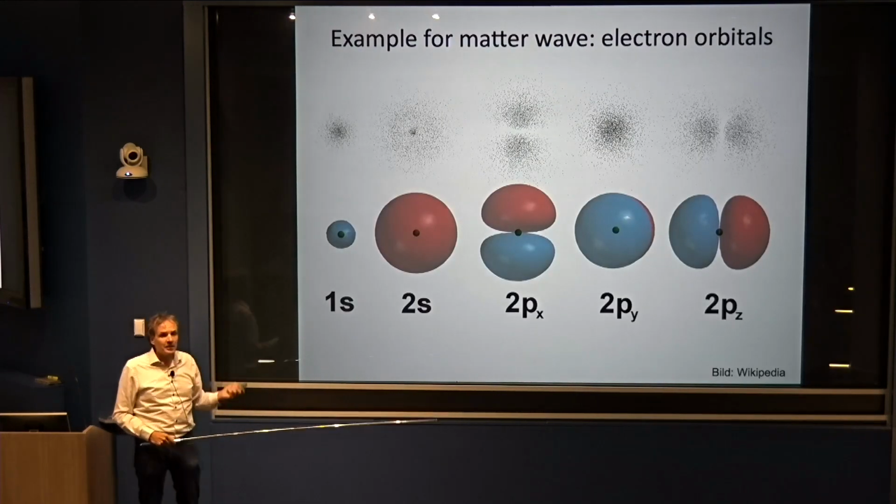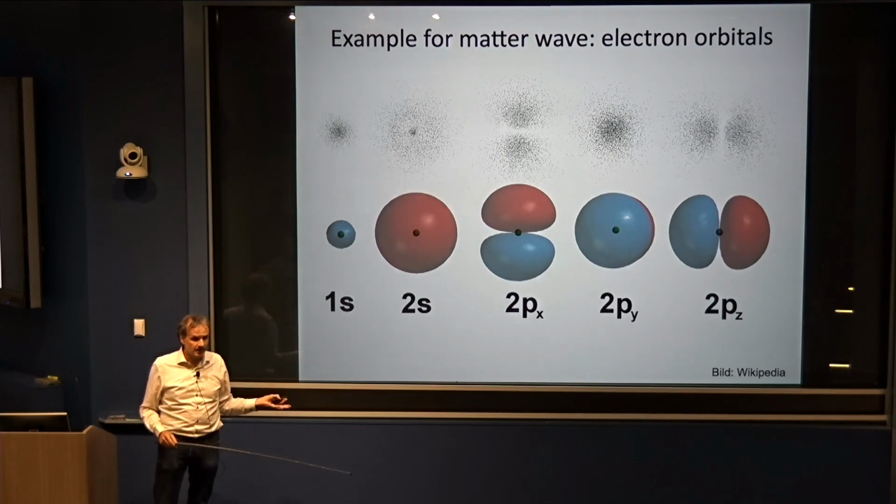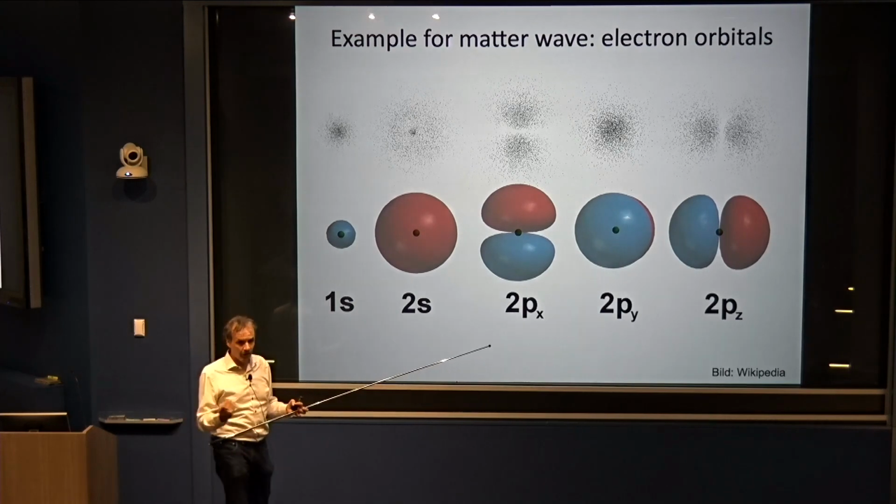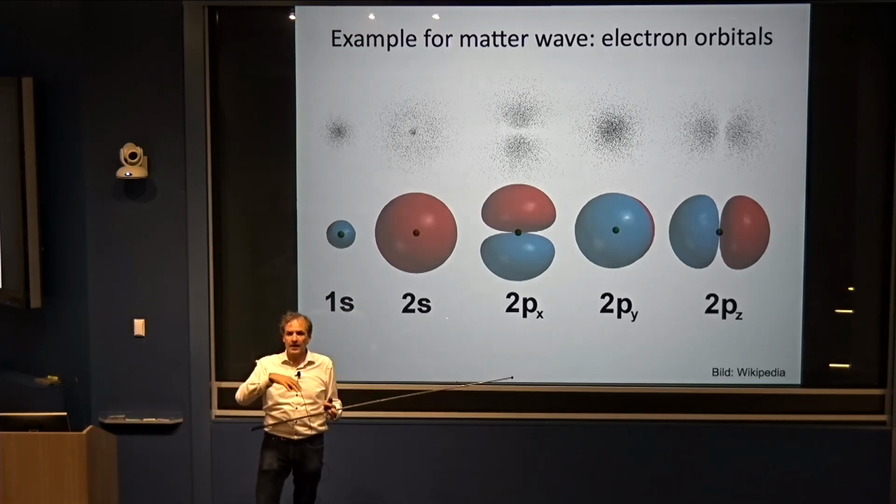If you think of chemistry, orbitals: what are orbitals? Orbitals are matter waves that tell you where the electron may be. The electron is really quantum mechanically delocalized around the nucleus.